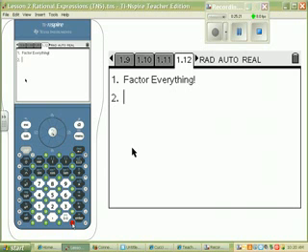After you factor everything, what was our next step when we were simplifying? We factored everything and then we did what? We simplified or canceled out the same factors, right? So the next thing you can say is simplify, or cancel if that's how you remember it. That works for me.